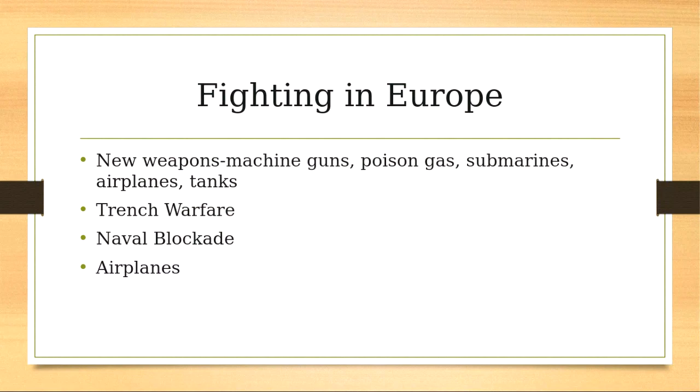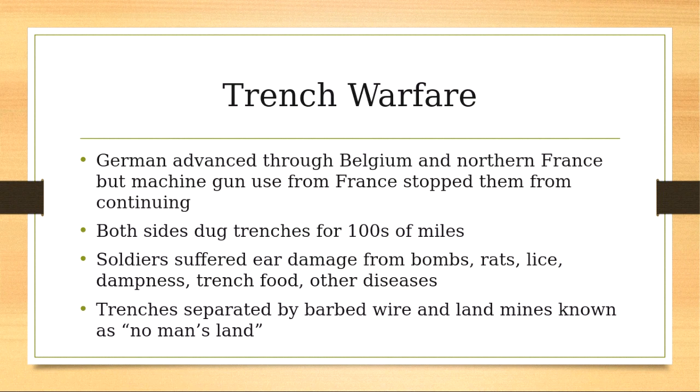With more weapons come different tactics and also more dead. With machine guns, you get trench warfare. You're digging holes because, hey, I can't fight you straight up anymore. Now you've got a machine gun, so I better dig a hole and hide.